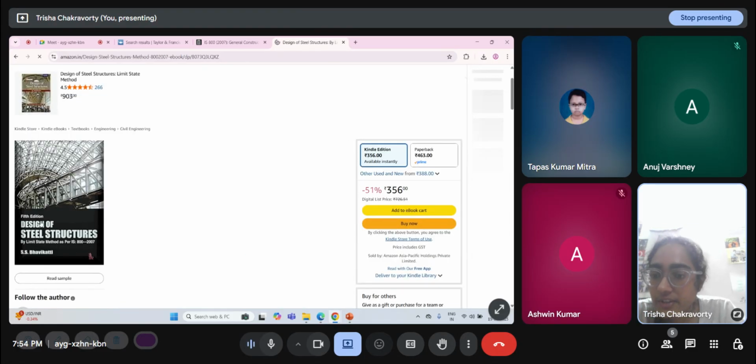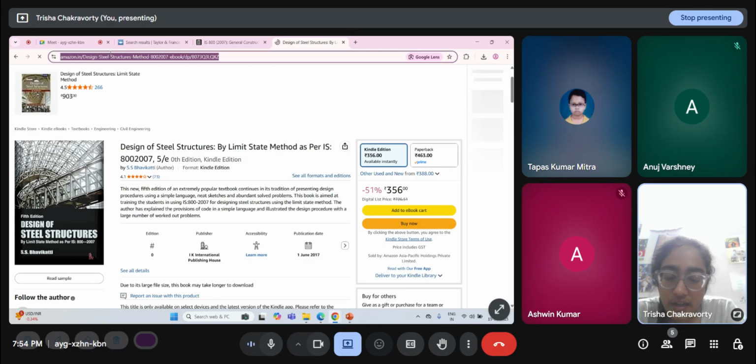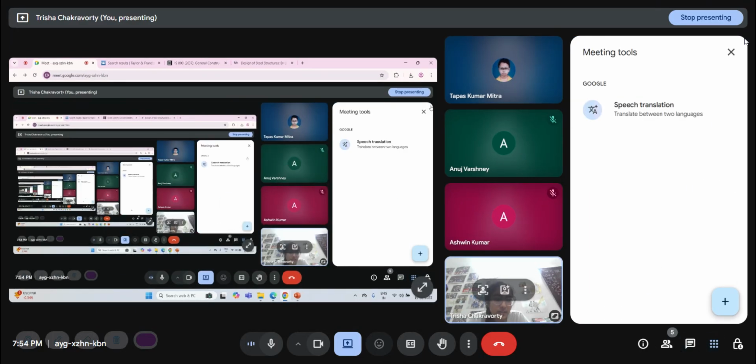This book, S.S. Bhavikatti, Design of Steel Structures, actually has a lot of good examples, and I think you will find the PDF also. The book costs 350 or something.